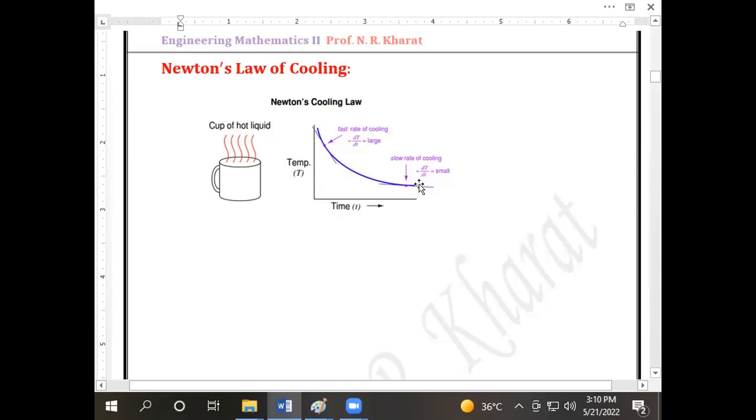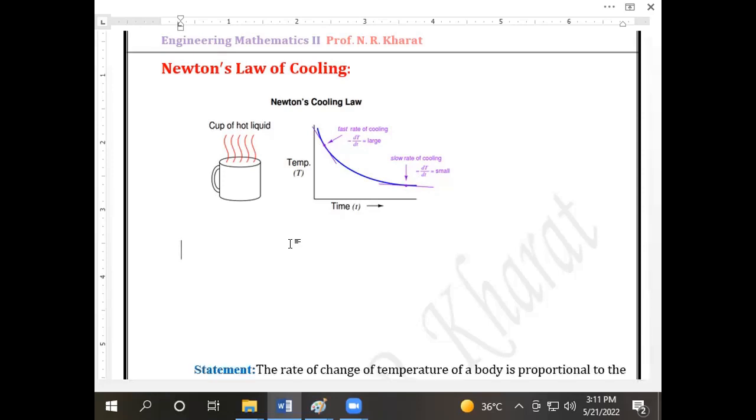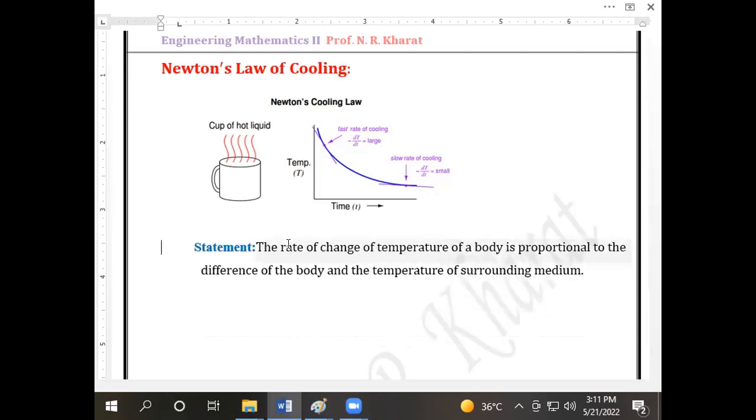So the temperature of the hot water depends on the time as well as the temperature of the surroundings. This concept was introduced by Newton, and it is known as Newton's cooling law. The statement of Newton's cooling law is: the rate of change of temperature of the body is proportional to the difference between the temperature of the body and the temperature of the surrounding medium.